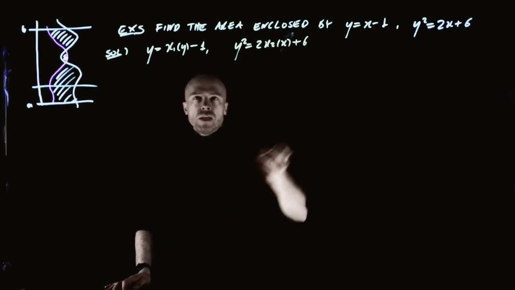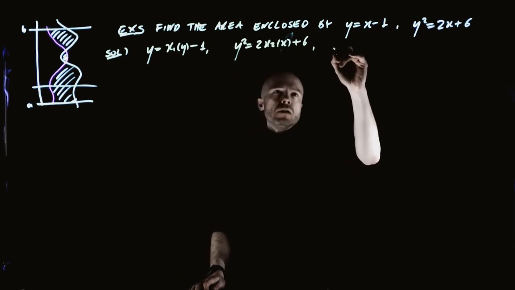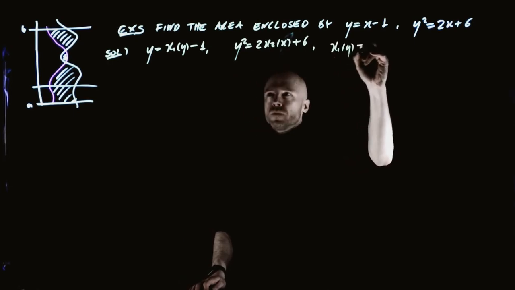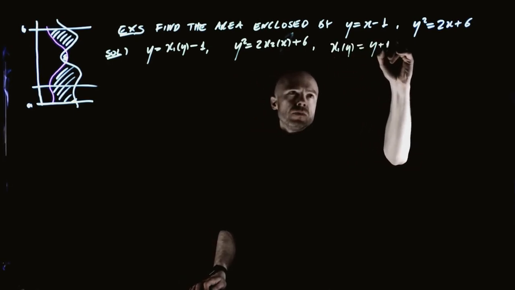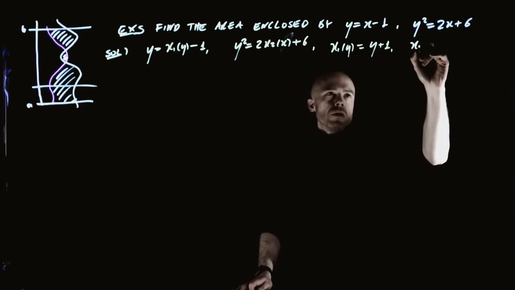Then we can clean that stuff up, right? Then we can have that x1 of y is equal to y plus 1. And do this in steps if you want to.